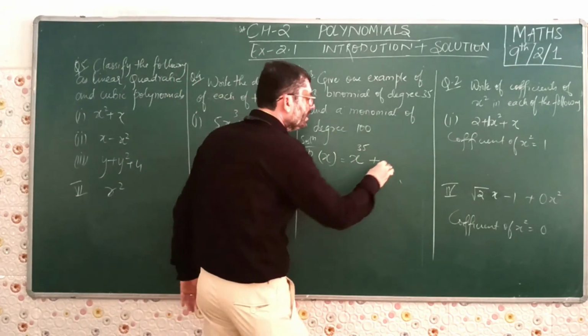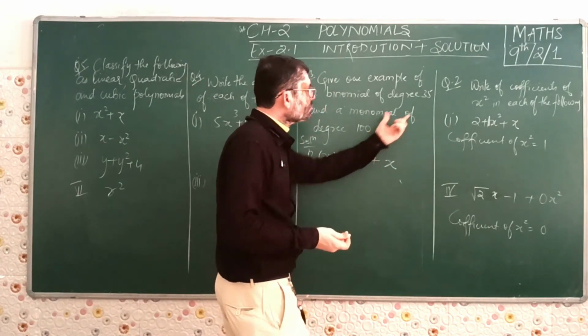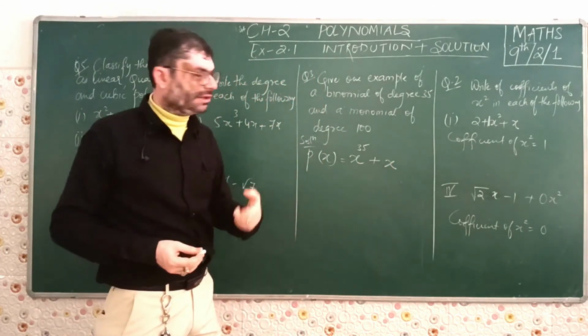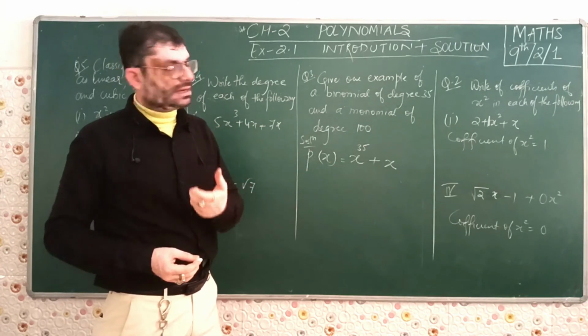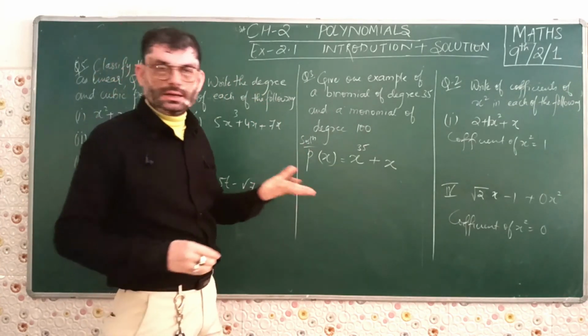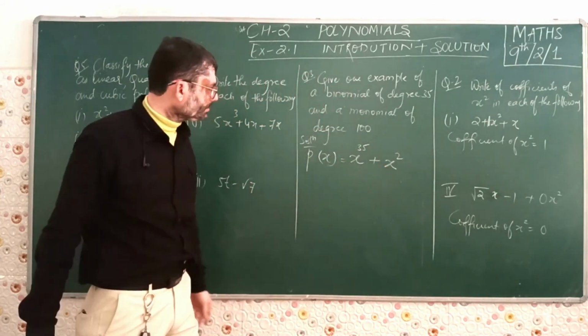You can take x, but keep in mind the highest degree asked of us is 35. So in the second term, we cannot take a degree greater than 35. So you can take a degree less than 35, or simply you can put a constant term also. You don't have a problem, right?